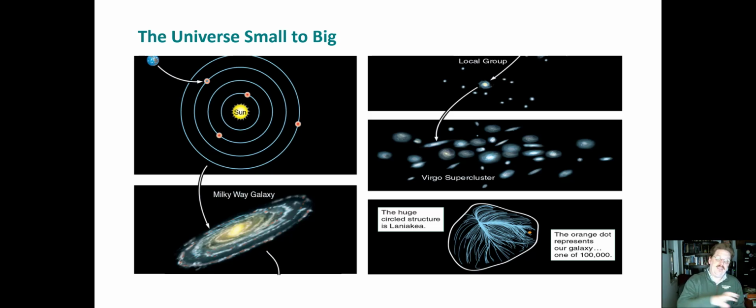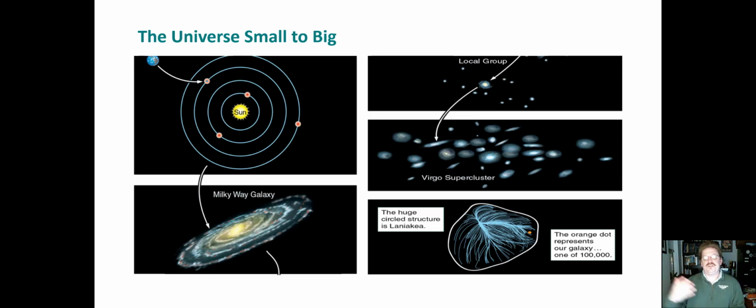So now we've moved from AU to light years. Then we get to the local group. The local group is a small collection of galaxies, primarily 3 major ones that are all about the same size as the Milky Way, and about 24 smaller tiny galaxies that are currently getting eaten. And the size of that is on the order of millions of light years.